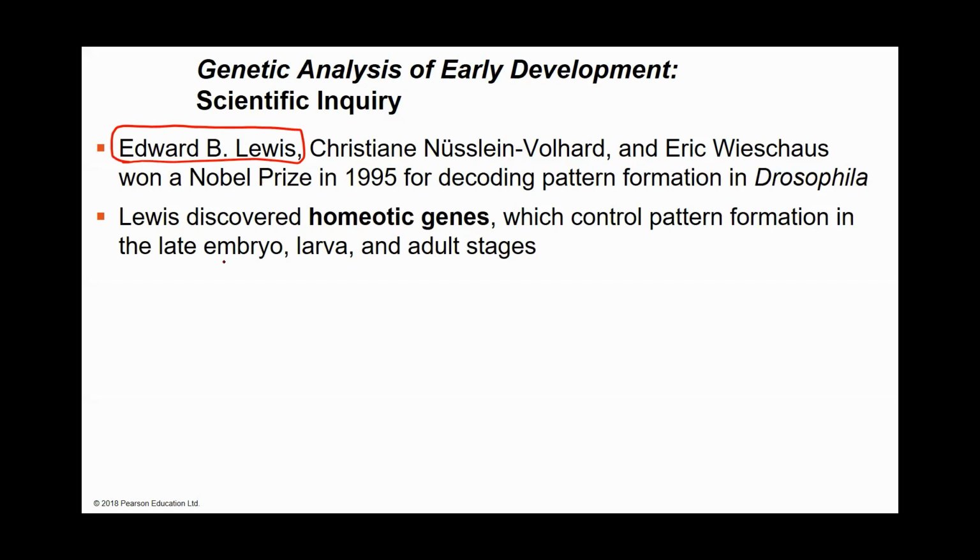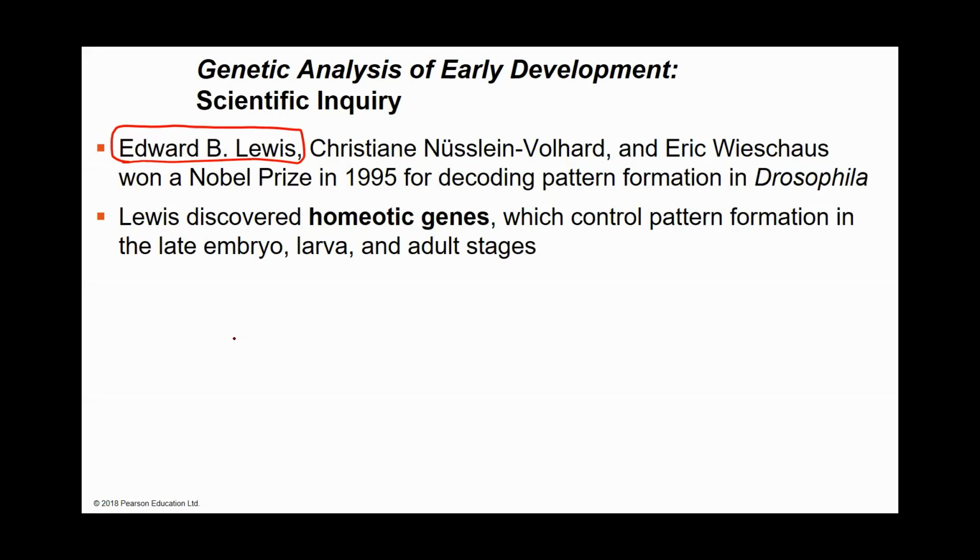And his approach involved introducing mutations into the adult fly, and then he allowed the flies to mate, and then he looked for any bizarre mutants with developmental defects.